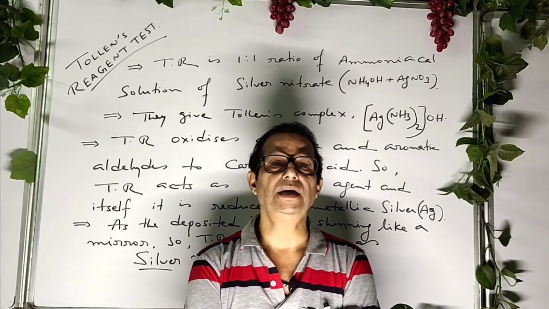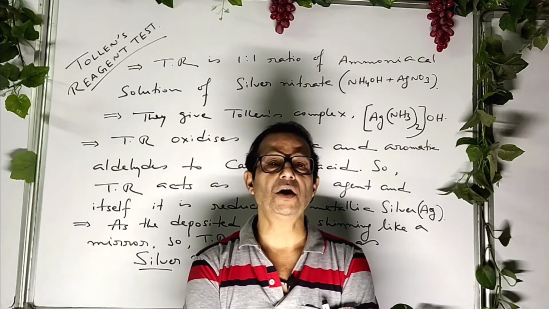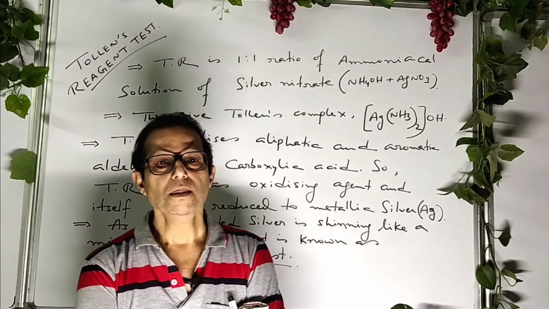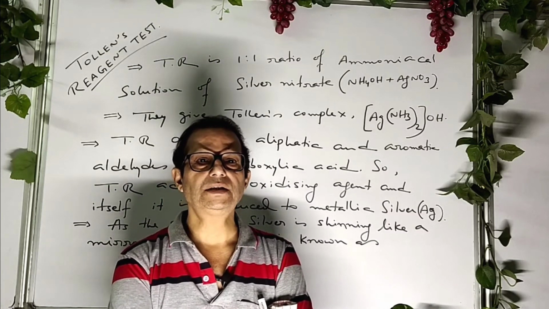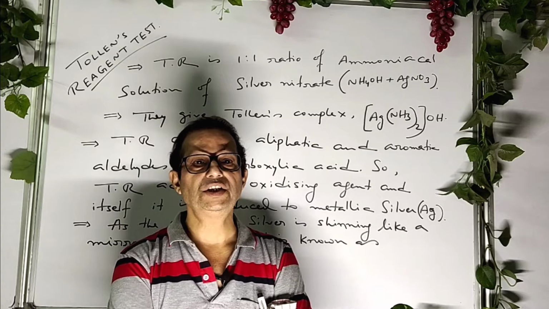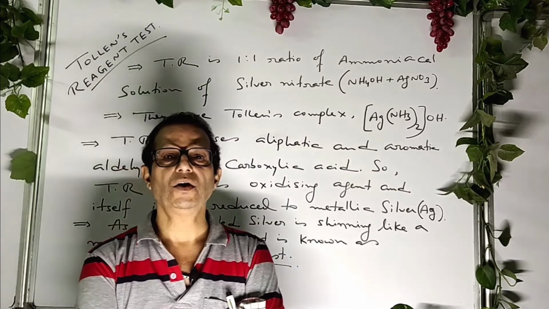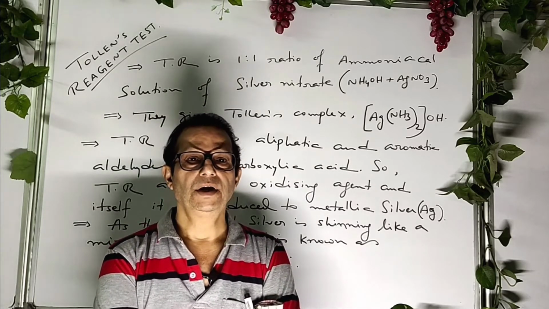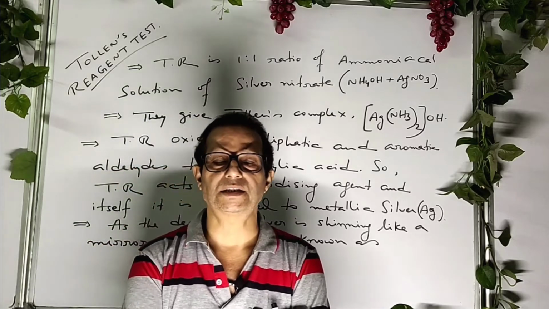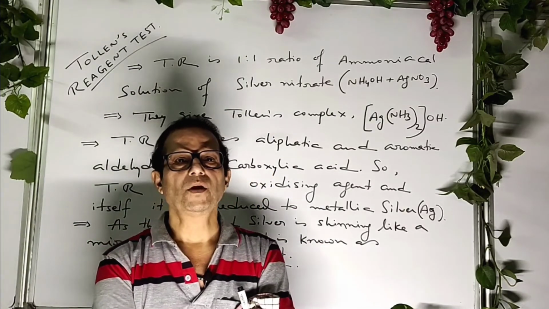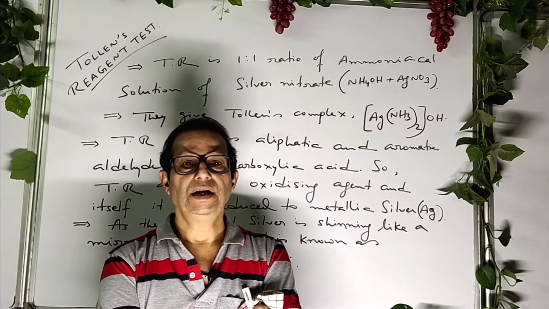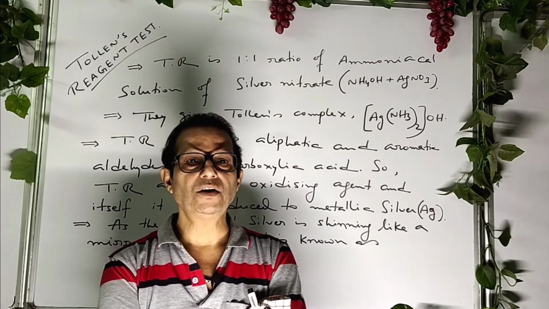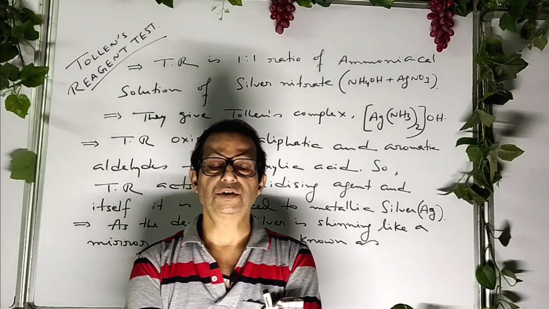That is, you can say it is equimolar mixture of ammonium hydroxide and silver nitrate. Tollens reagent acts as oxidizing agent, and it oxidizes aliphatic or aromatic aldehydes into corresponding carboxylic acids. As Tollens reagent is a weak oxidizing agent, thus it cannot oxidize ketones.